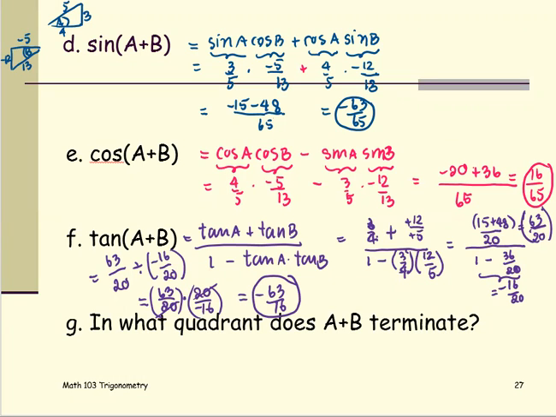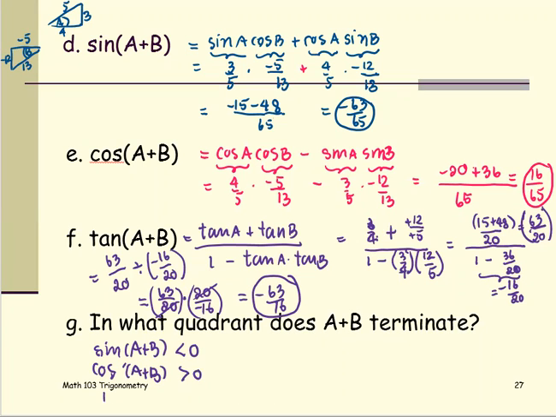The last one, we're going to determine in which quadrant A plus B terminates. As you see from the information in part D, the sine of A plus B comes out to be less than 0. The cosine of A plus B is positive in sign.